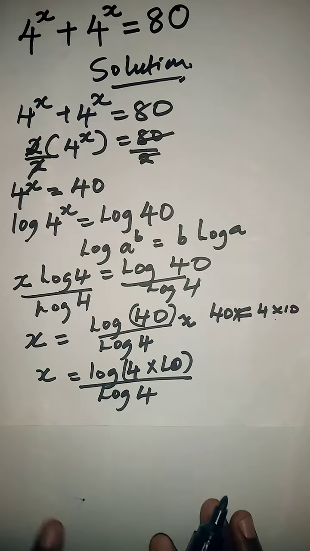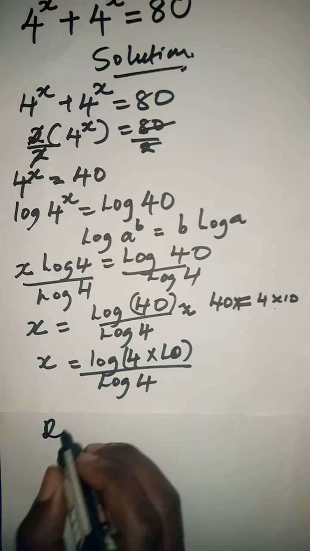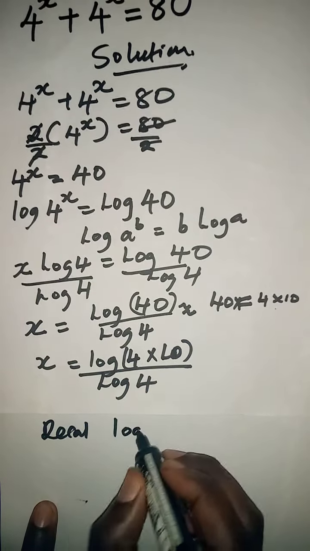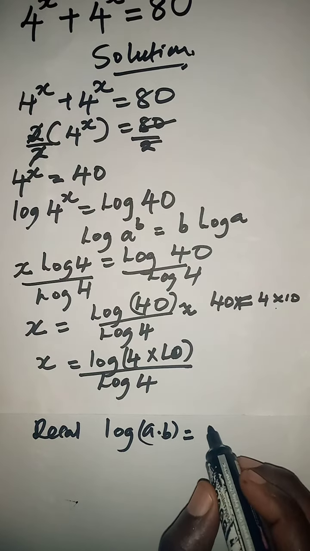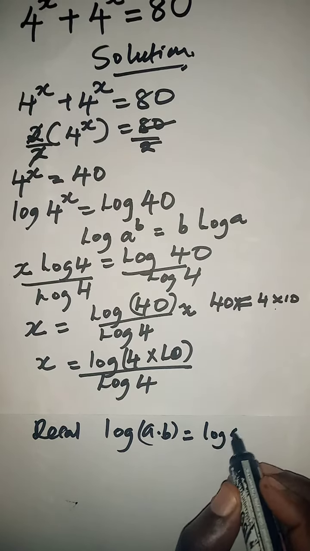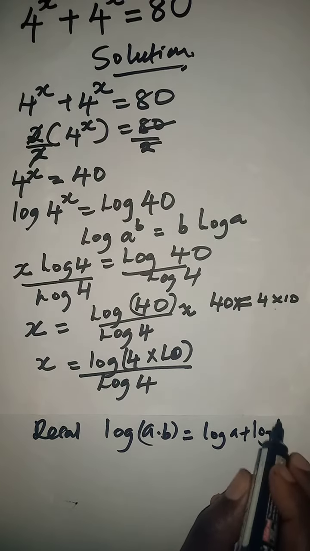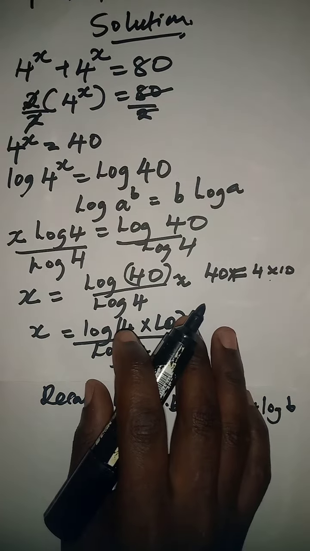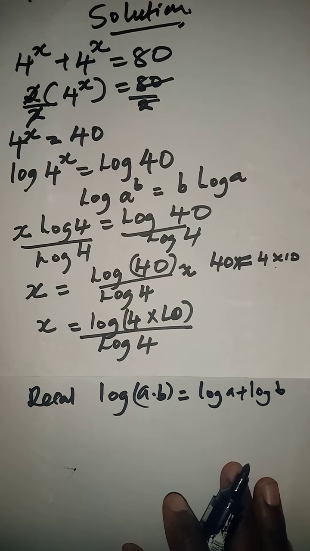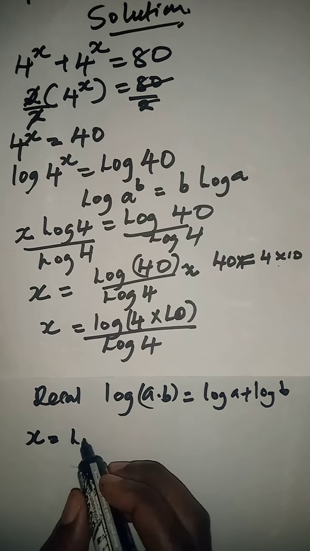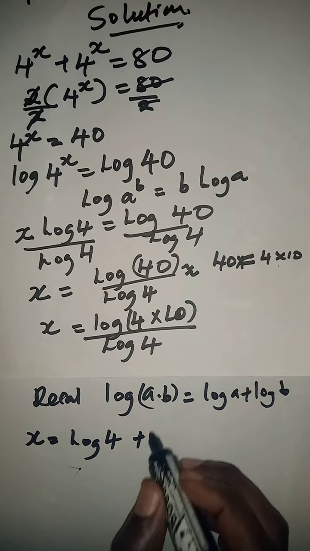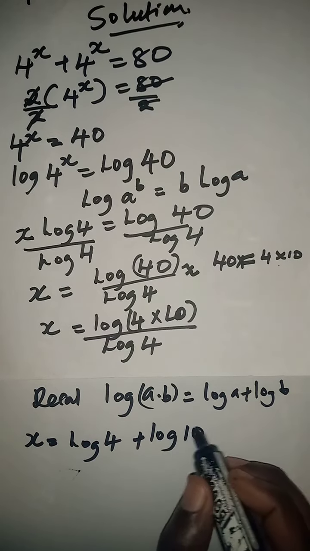You need to recall again that wherever you have the log of a multiplied by b, this can be written as the log of a plus the log of b. So that is what's going to guide me there. Now x becomes the log of 4 plus the log of 10.